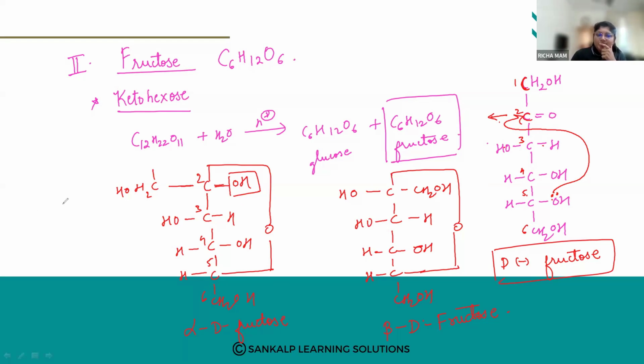Now this is a five-membered ring. So the five-membered ring will be like this. Again, I'm writing this structure, first one structure. Now your CH2OH is above, so it will be CH2OH.